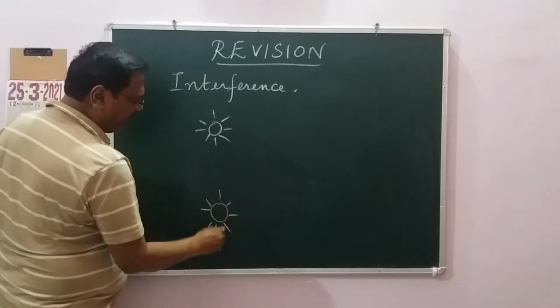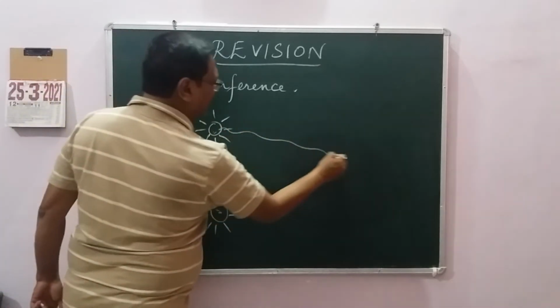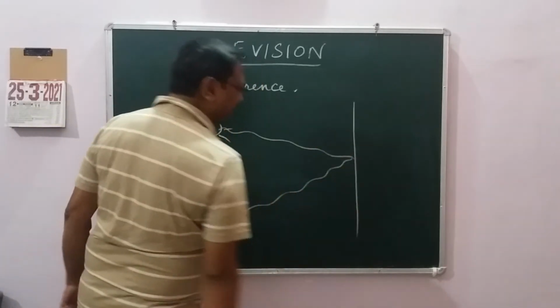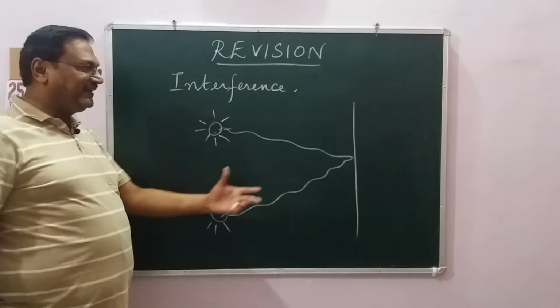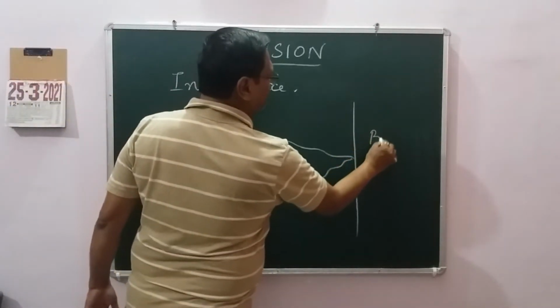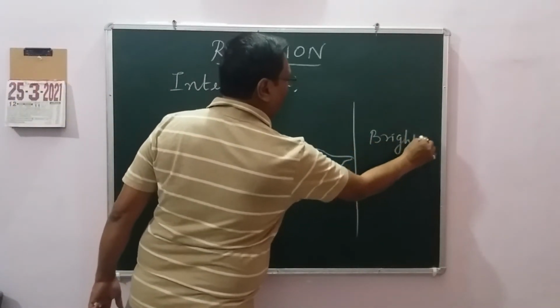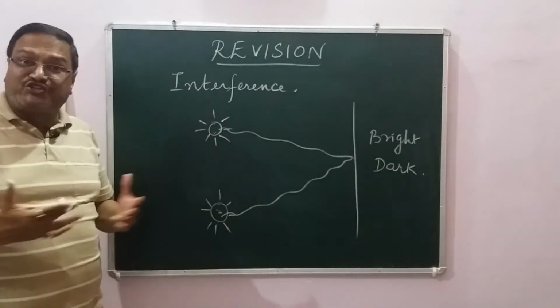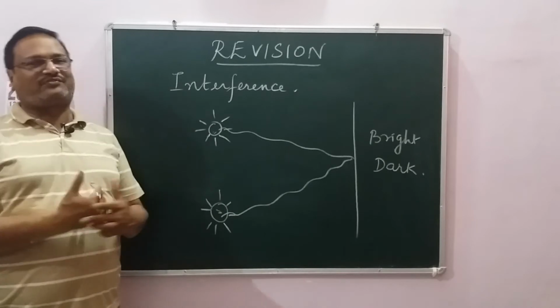When the light is coming from here and the light is coming from here, they overlap in space, and that creates alternate bright and dark fringes, and that is called interference.